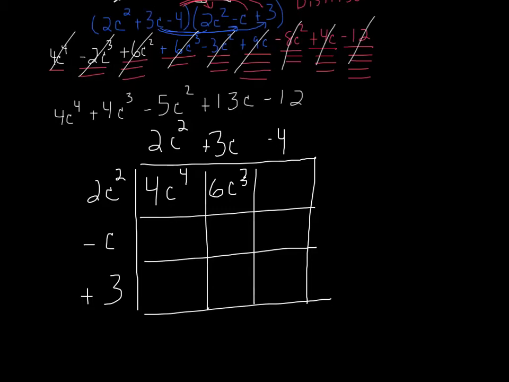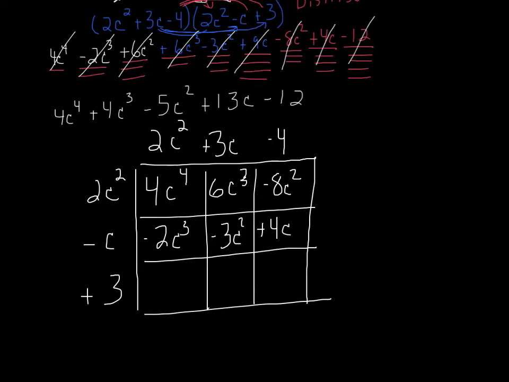Then we go 2c squared times negative 4 will give you negative 8c squared. Next line, negative c times 2c squared, that's negative 2c to the third. We have negative c times 3c, so we got negative 3c squared, and we got positive 4c.